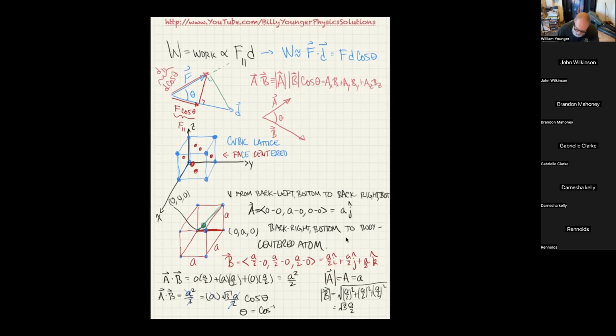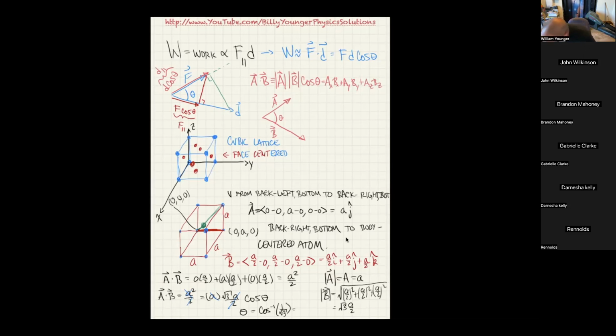So I'm just going to get cosine theta of 1 over the square root of 3. And that will give me the actual angle.